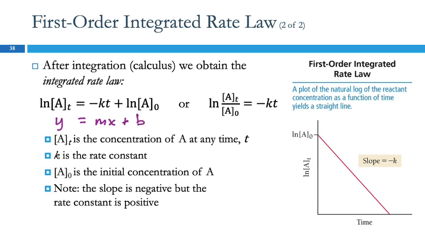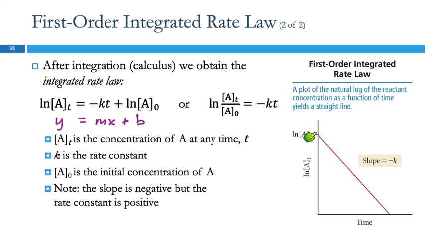So we can graph this. Here we have the natural log of A at time t, concentration of A at any given time, is equal to -1 times the rate constant times whatever that time is in seconds, plus the natural log of the original concentration of A. And if we graph natural log of A at time t versus time, we get a straight line.